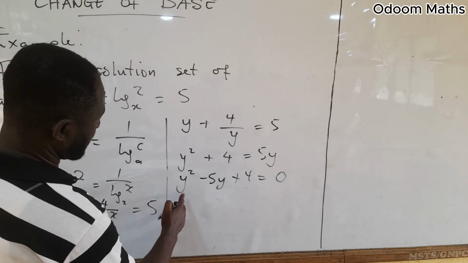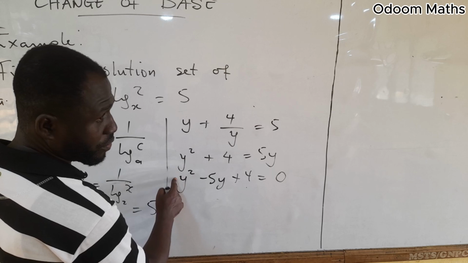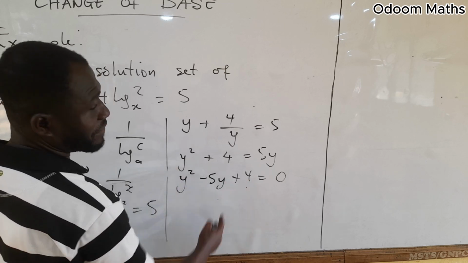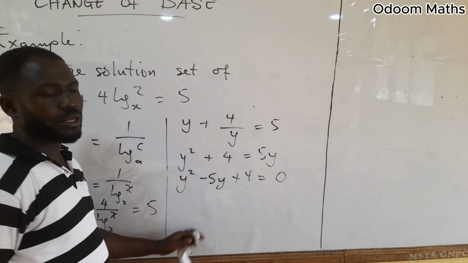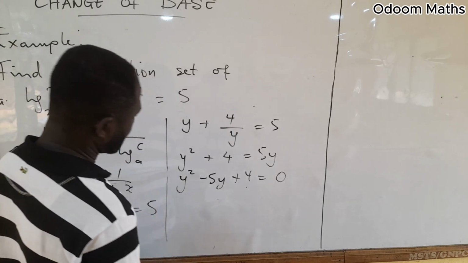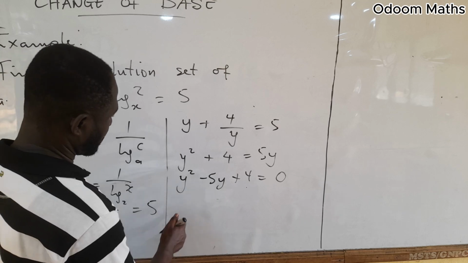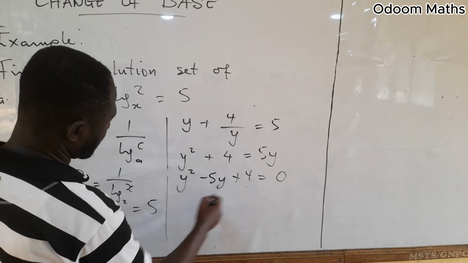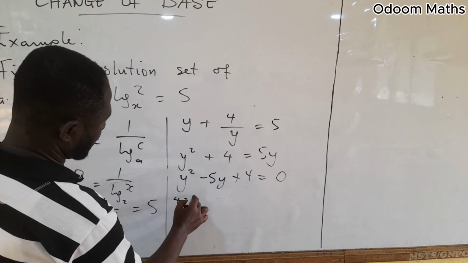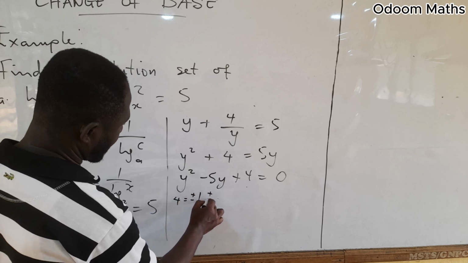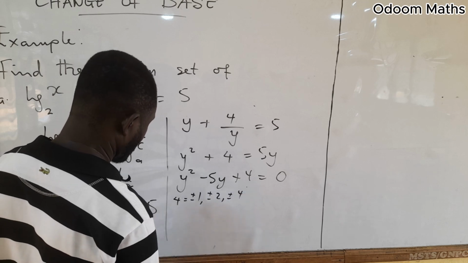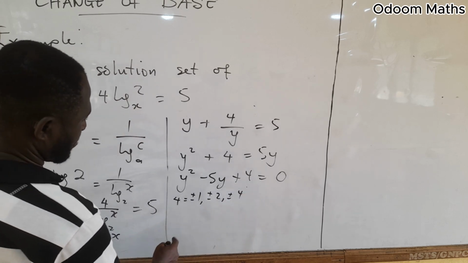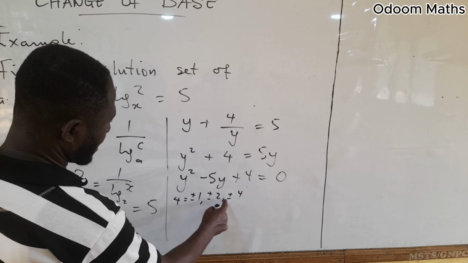Okay, so here the coefficient times 4 is 4. Factors of 4: 1, 2, 4, so plus or minus 1, plus or minus 2, plus or minus 4. Then we can use 1 and 4, since 1 times 4 is 4. Now from here, I'm going to select negative 1 and negative 4.